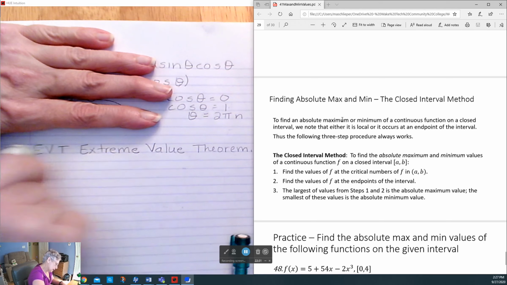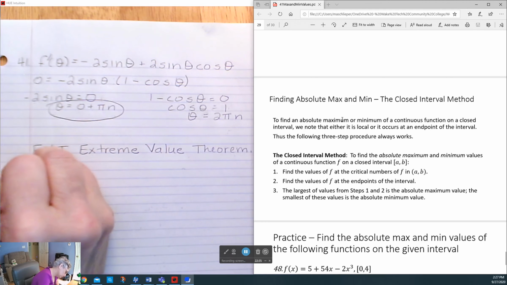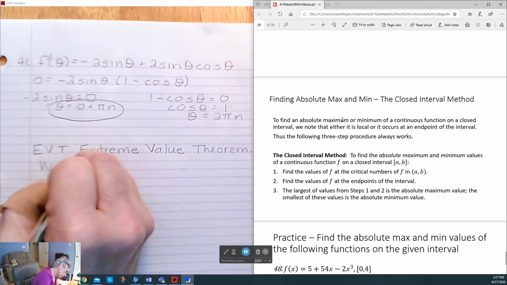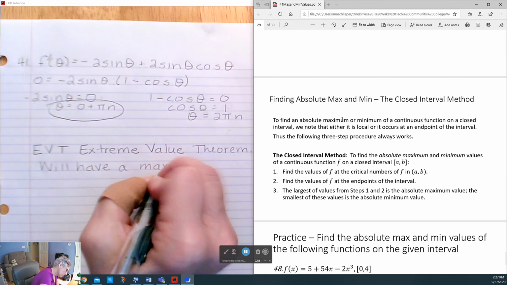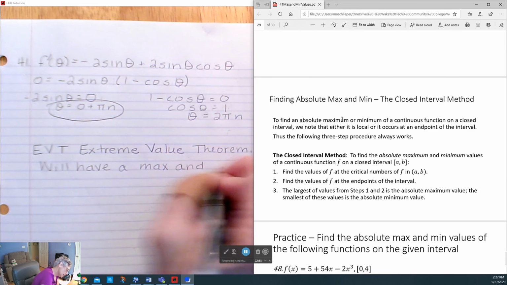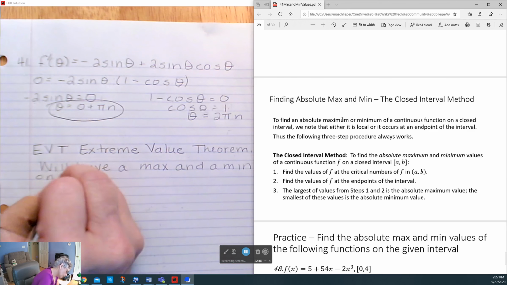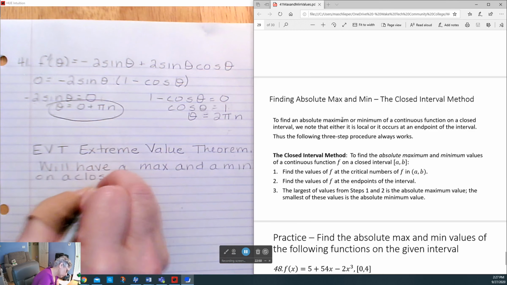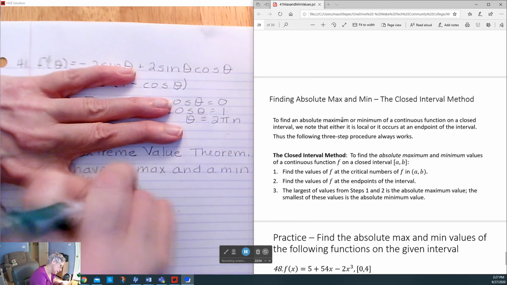Okay, I can't spell. You will have a max and a min on a closed interval for a continuous function.